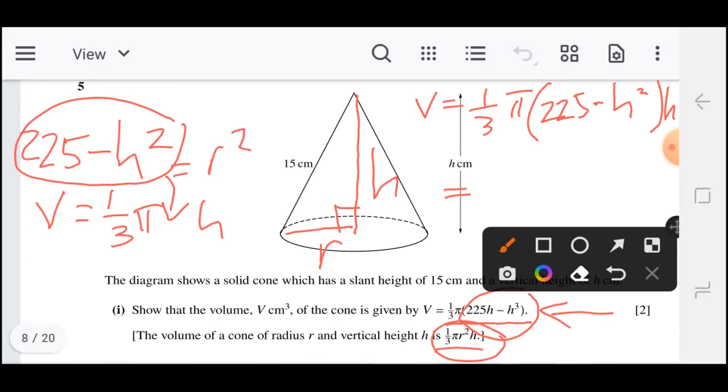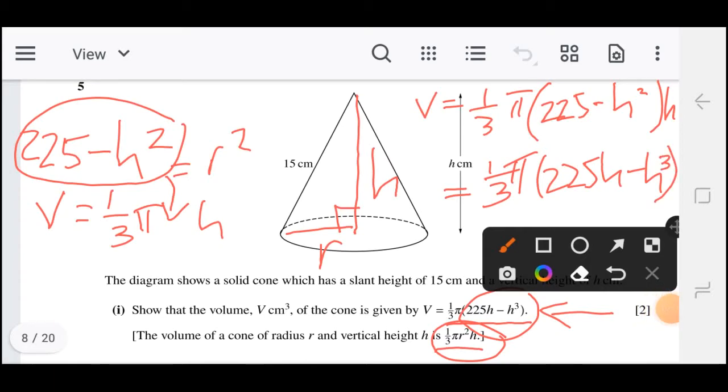So it gives us 1/3 pi bracket 225h minus h cubed.